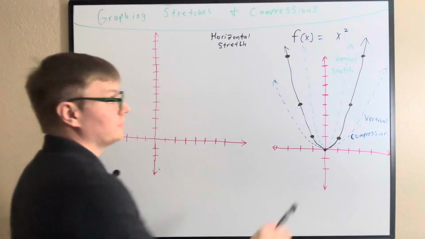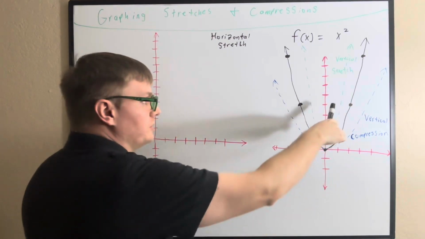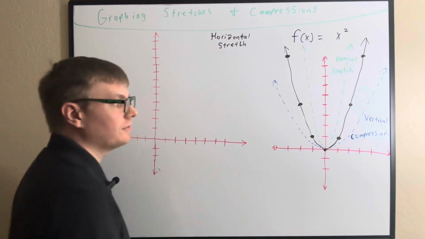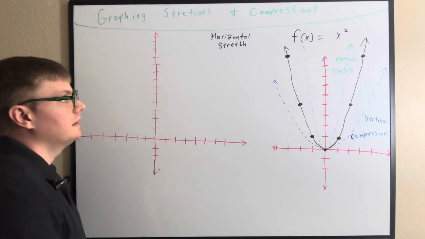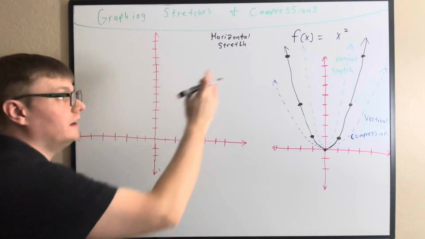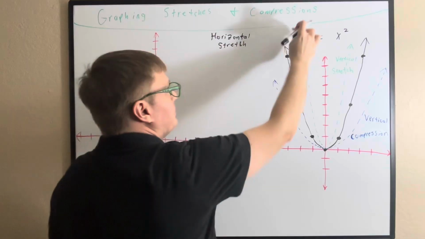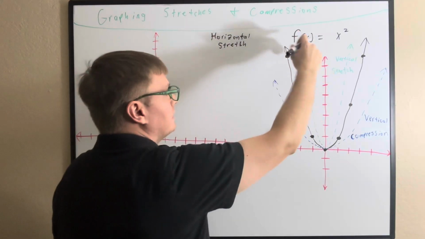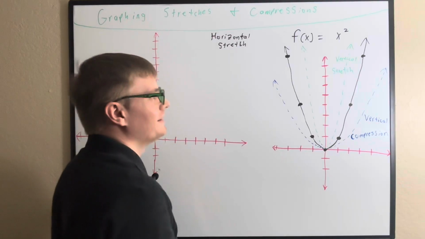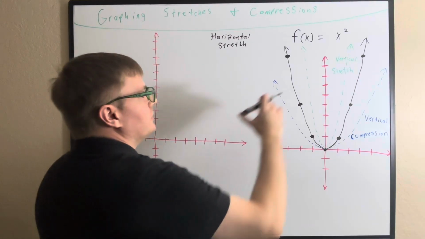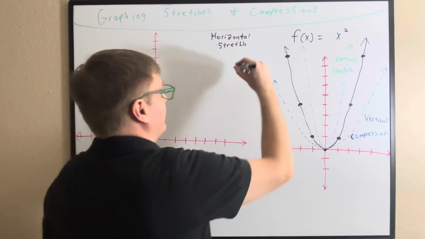All right, we've gone over vertical stretch and vertical compression, and I superimposed those graphs onto our original graph, so we remember where those line up. Now, for a horizontal stretch, the math is a little different. Instead of multiplying the output by a factor, we're going to divide the input by a factor.